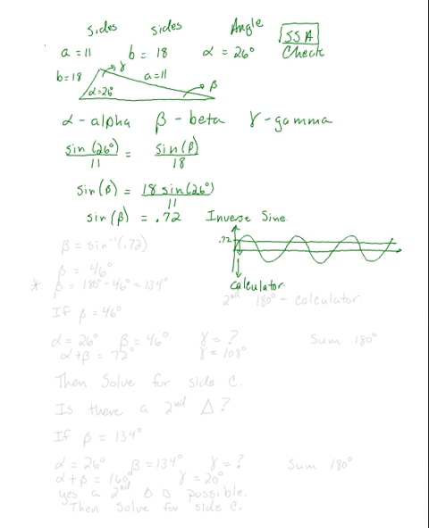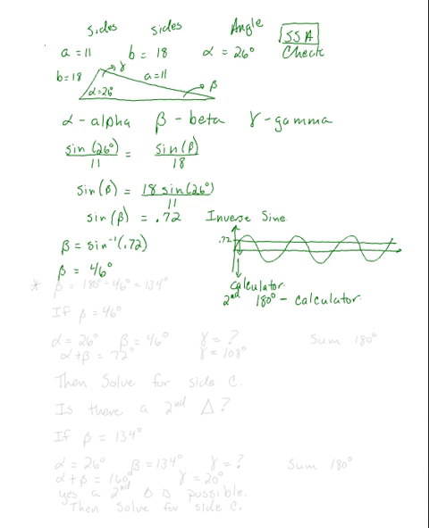To find the second solution, you always take 180 degrees minus the one from the calculator. So I'm going to hit the calculator, and I find that the inverse sine of 0.72 is 46 degrees.